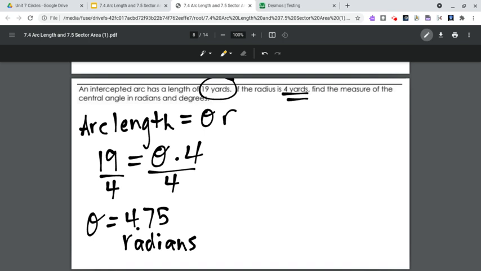So let's just go ahead and do that. Theta equals 4.75 times 180 over pi. And remember, that's the conversion to go from radians to degrees.